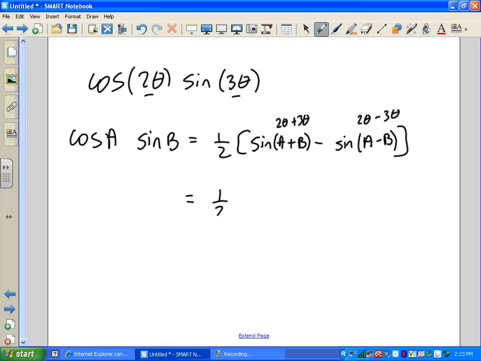Okay, so now this is going to give us 1/2 times the sine of 5 theta minus the sine of 2 theta minus 3 theta, which would be negative theta.